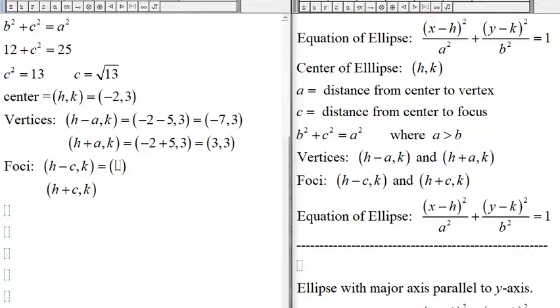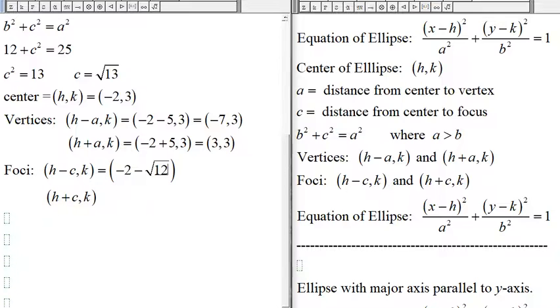So this is going to be negative 2 minus the square root of 13, and then comma 3. And then for this one, instead of minus, it'd be plus.